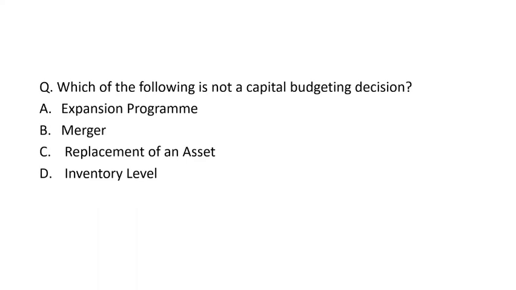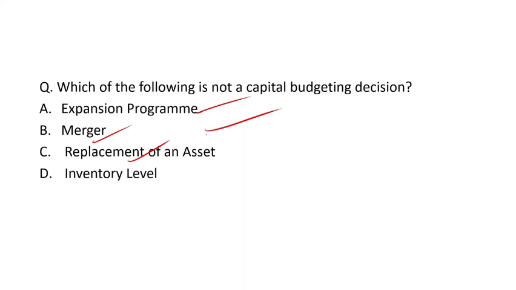Which of the following is not a capital budgeting decision? Expansion of program, merger, replacement of an asset, and inventory level. If you are expanding your business, this is capital budgeting. If two companies are merging together, this is also capital budgeting, because a large amount of money will be invested.